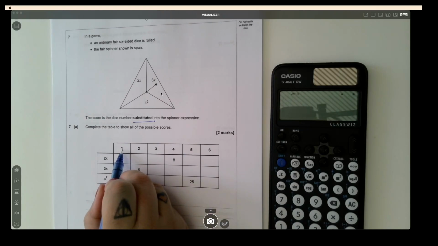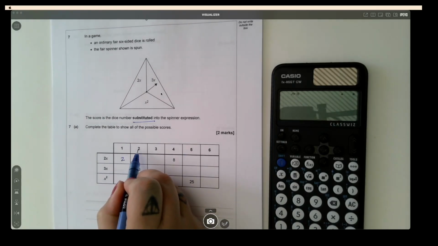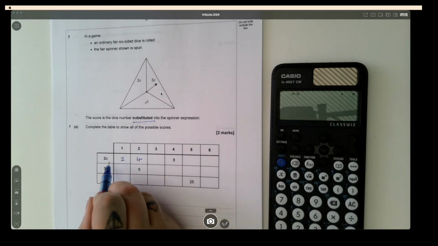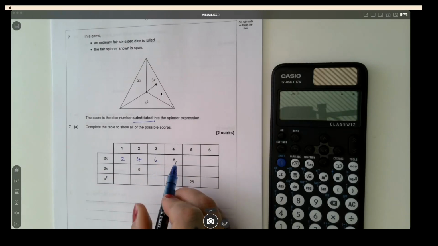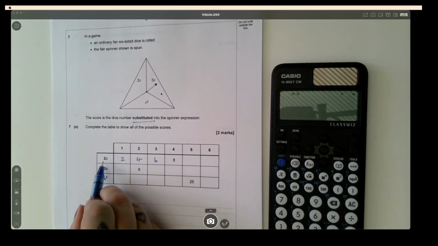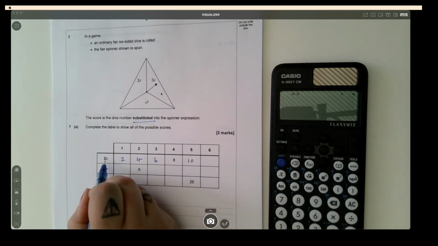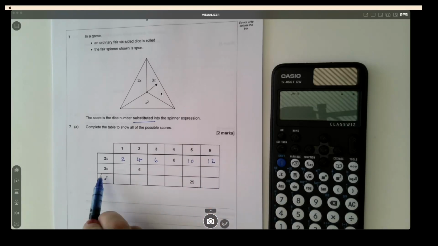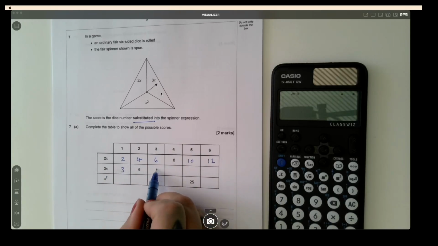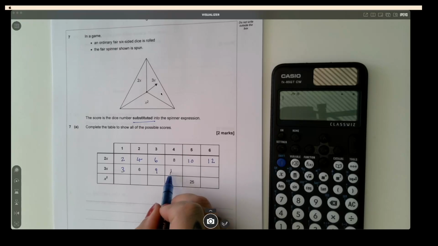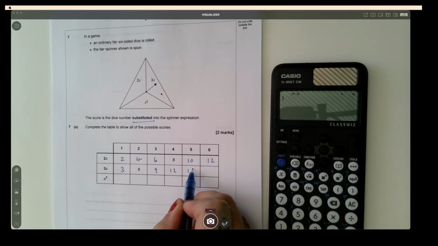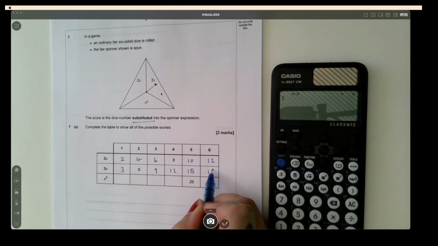So if we roll a 1 on the dice, 2 times 1 is 2, 2 times 2 is 4, 2 times 3 is 6, this one's already completed, 2 times 5 is 10, and 2 times 6 is 12. 3x means 3 times x, so 3 times 1, already completed, 3 times 3, 3 times 4, 3 times 5, and 3 times 6.